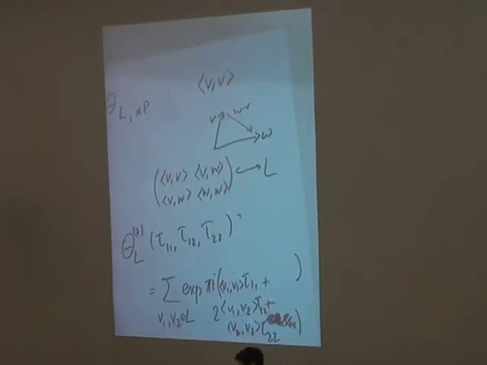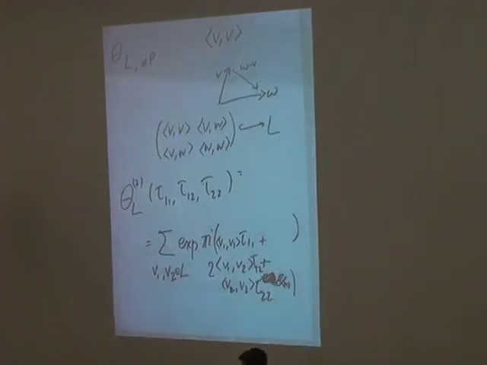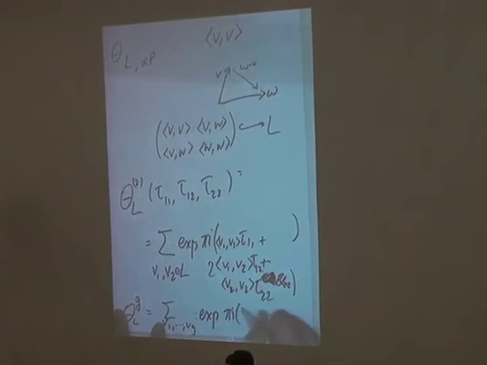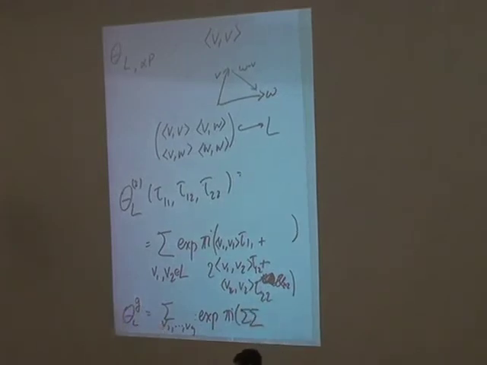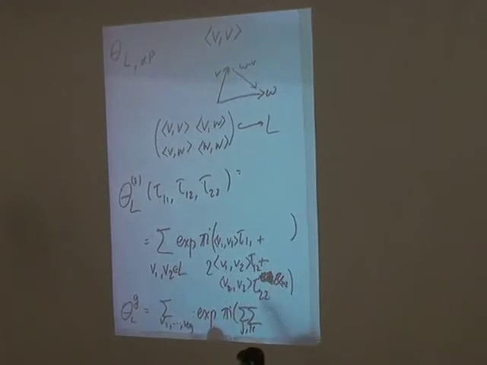Or more generally, if I do this for g variables, there are going to be g squared plus g over 2 variables, one for each entry on or above the diagonal of the gram matrices, and it's going to be the sum over g vectors of x pi I times the double sum over all j and k, this is a g here, of v_j, v_k, tau_jk.